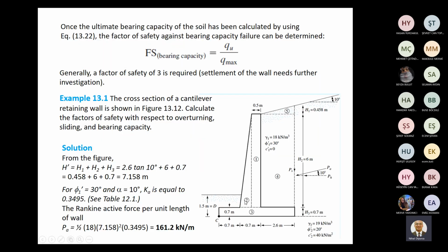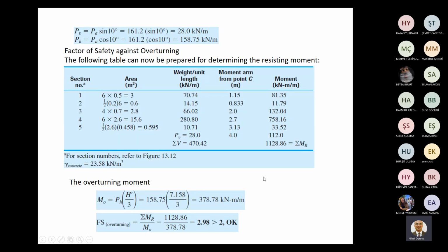So for moment calculations, we have to divide geometries into basic geometries: rectangle, triangle, rectangle, again triangle. 1, 2, 3, 4, 5 sections.